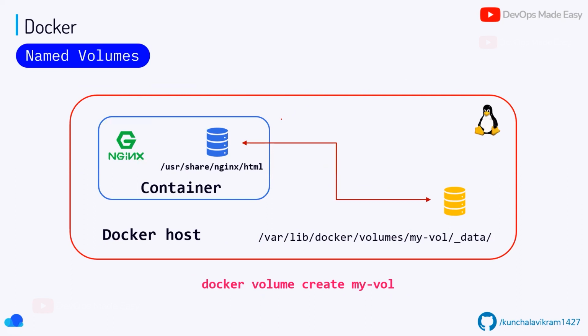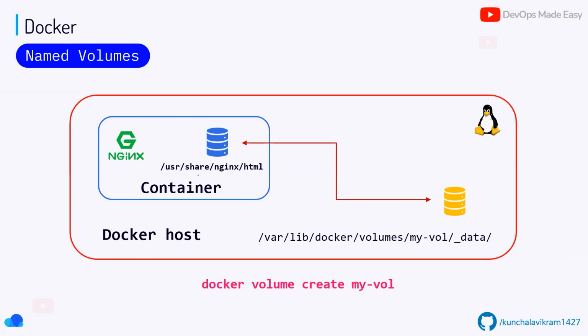If I take an Nginx container, just forget about named volumes or bind volumes. I have a container. Inside the container, I have this location /usr/share/nginx/html. Inside this folder, there is a file called index.html. This is the default HTML file that my nginx web server is going to serve. Clear?